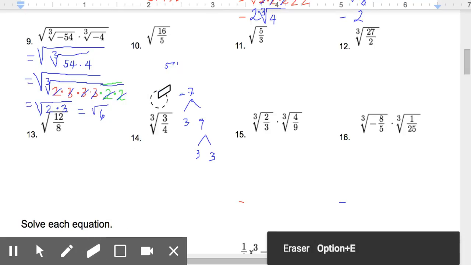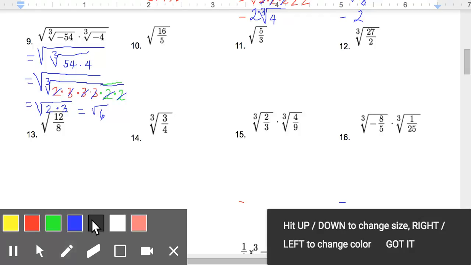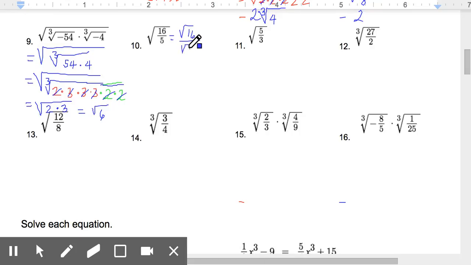Okay, so let's erase this. So here we'll have the square root of 16 over 5. We can rewrite it as the square root of 16 over the square root of 5. The square root of 16 is 4, but the square root of 5 is still the square root of 5.